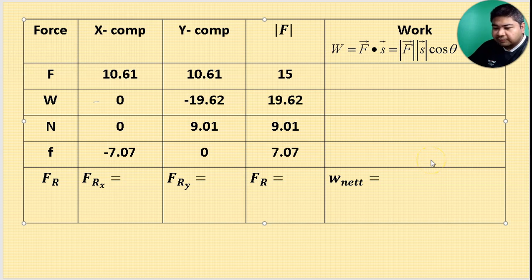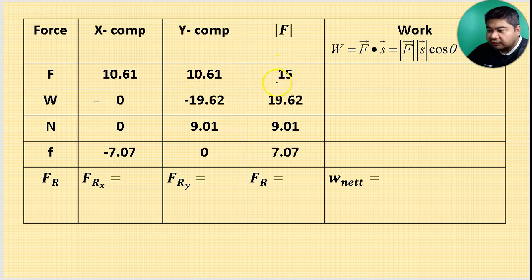In this slide I've put all the values in the table. I've added another two columns, the column for the magnitude of the force and the column for the work. In the previous slide we resolved the force into x and y components. The x component is 10.61, and the y component is also the same.